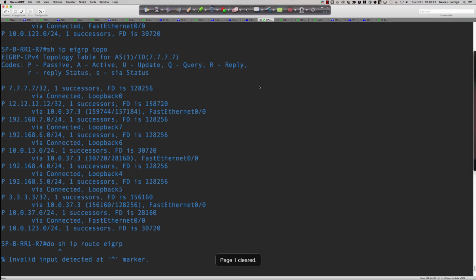I've actually opened an errata request on the text for Scaling Networks v6 asking that they simply introduce the computed distance term and go ahead and explain it. And say, hey, the computed distance can change. The feasible distance is going to stay the same until the route goes from active to passive. And so watch what we mean by that.